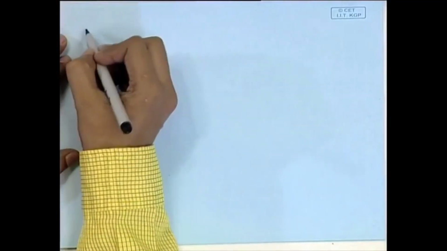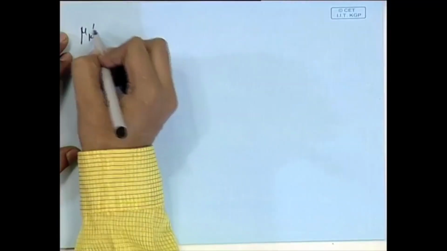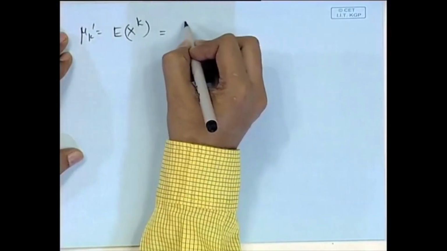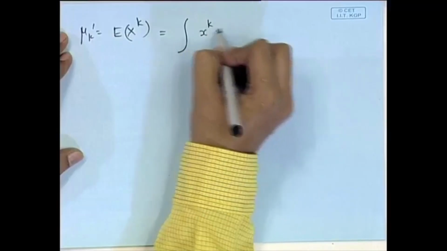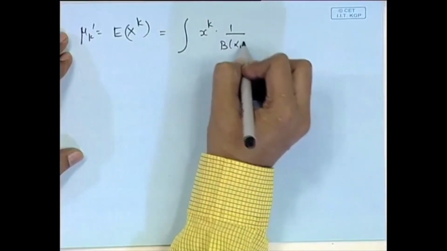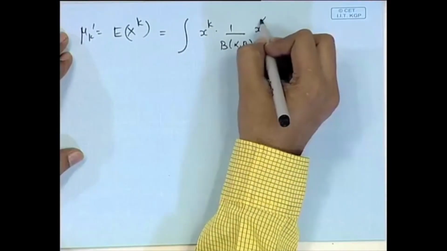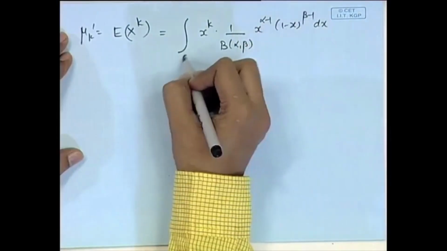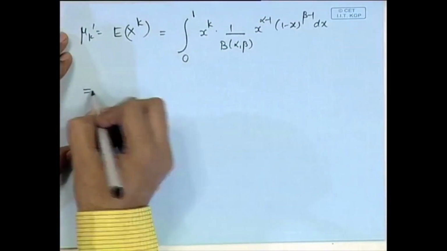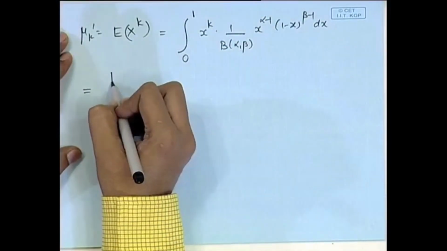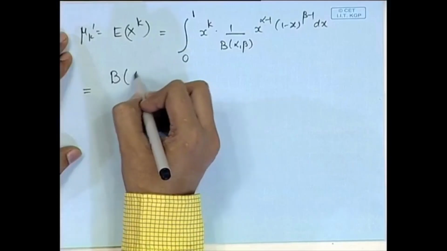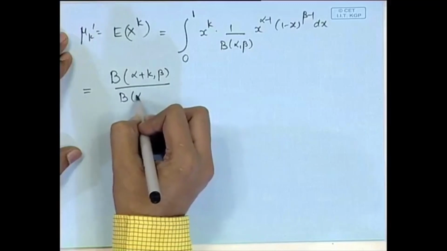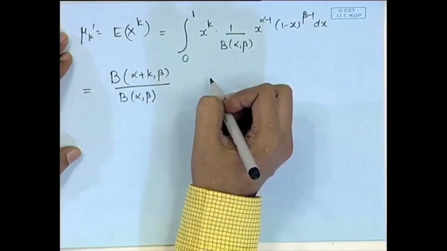If we consider the expectation of x to the power k, this is equal to the integral of x to the power k times 1 by B(alpha, beta) times x to the power alpha minus 1 times (1 minus x) to the power beta minus 1 dx from 0 to 1. So, this is nothing but the beta function B(alpha plus k, beta) divided by B(alpha, beta).